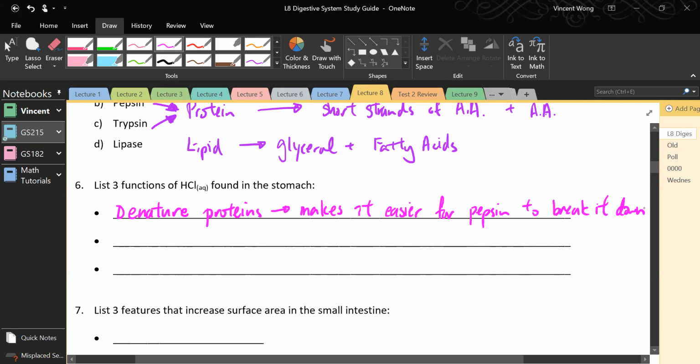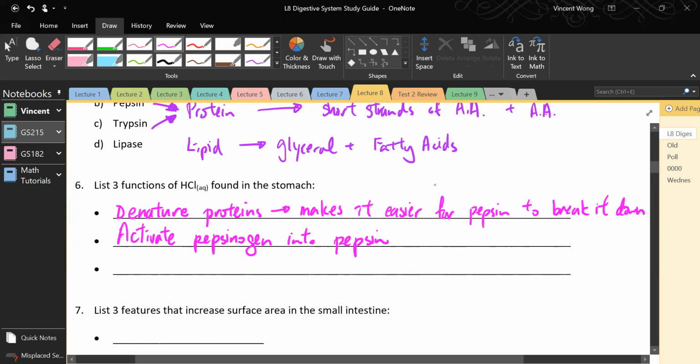Now the pepsin was not created in its active form. It's actually created in the form of pepsinogen. So HCl, hydrochloric acid, will help activate pepsinogen into pepsin.